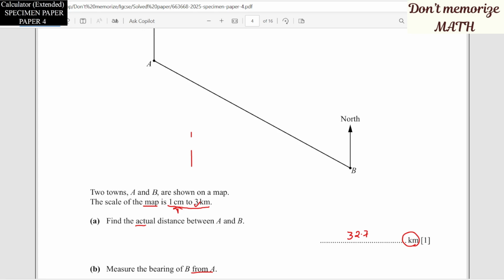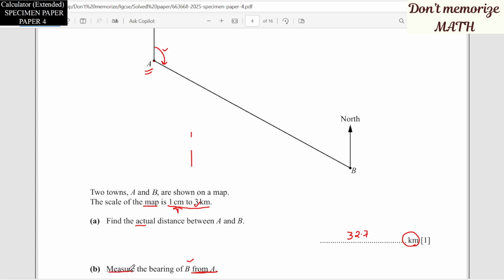So from the point A, the north line is already given, so no need to draw. You can move only in the clockwise direction to B, because we need to reach B. This from A is very important, because the angle starts from A. So the bearing will be this angle, and we need to measure it.